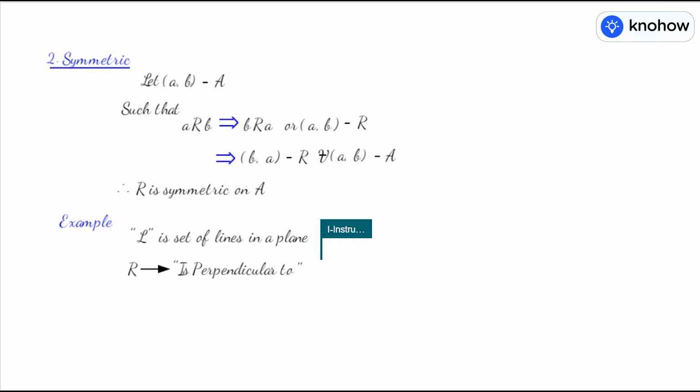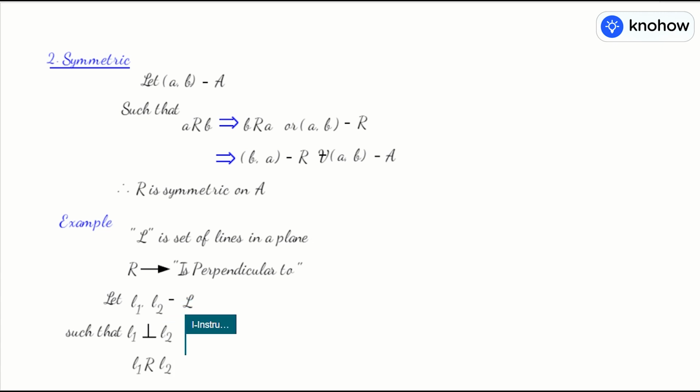Let L1 and L2 be any two lines in the set of lines L such that L1 is related to L2. If L1 is related to L2, that means L1 is perpendicular to L2.